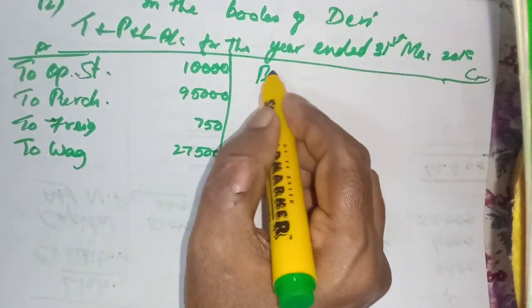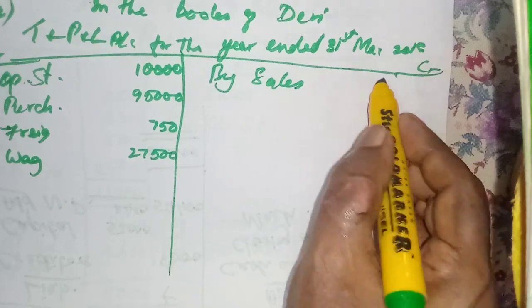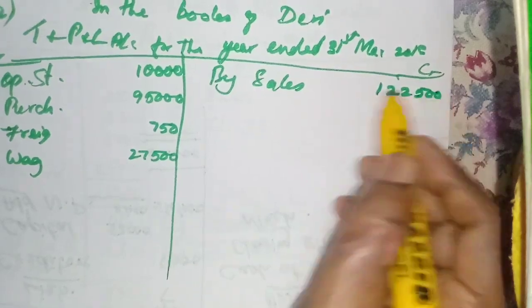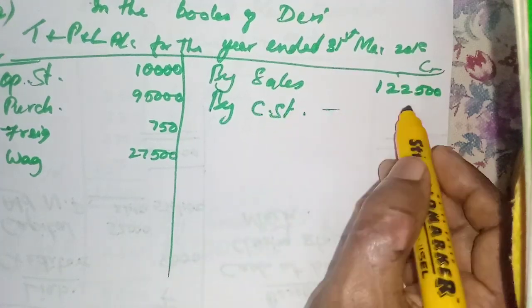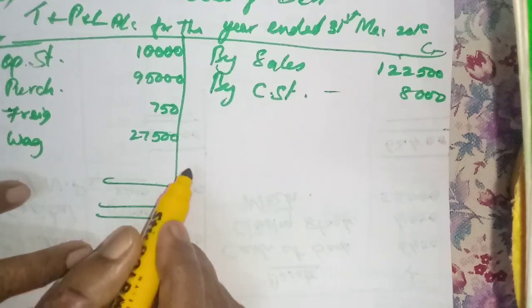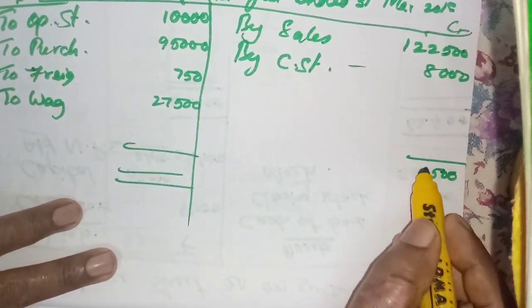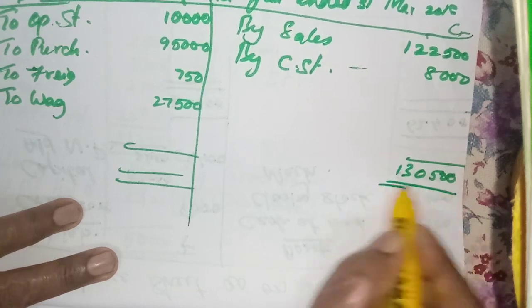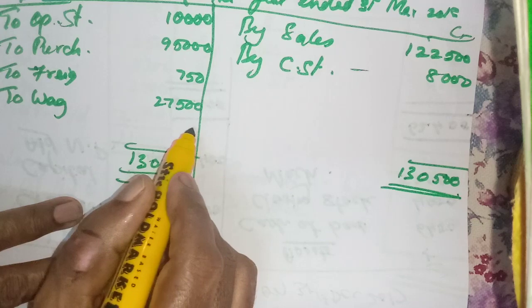Then by sales 1,22,500. Then closing stock given below, 8,000. Now we will find out the balance. Okay, here 0, 0, 5, 10, 3, 1. 1,30,500.